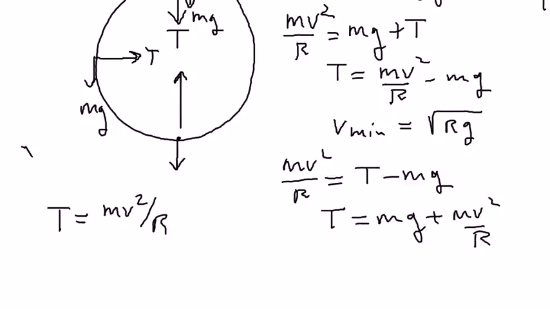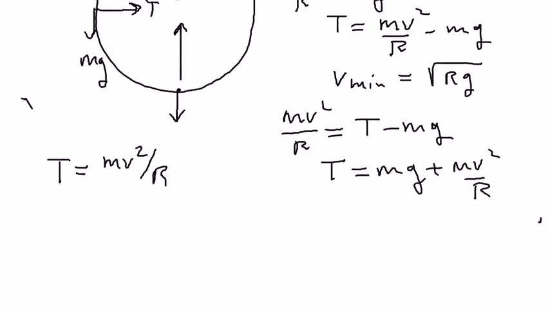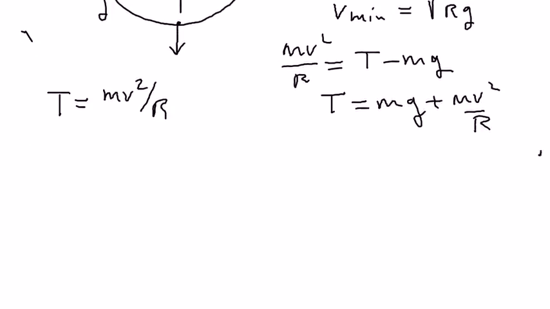Now in real life, if you want to keep it moving, things get a little bit more complicated. But for our purposes, at that point, if you were to look at strictly the tension force, it only depends upon the velocity.